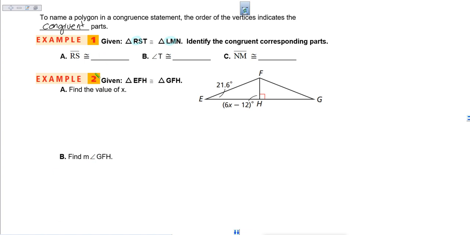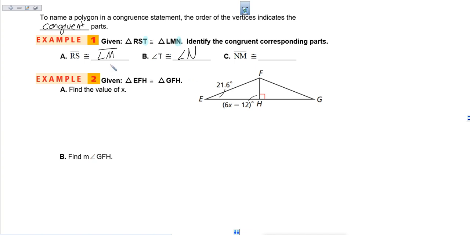So this would be segment LM. And that is an L, not an angle symbol. Next up, we're looking at angle T. T is the last letter in the first triangle, so we want the last letter in the second triangle. We need angle N.